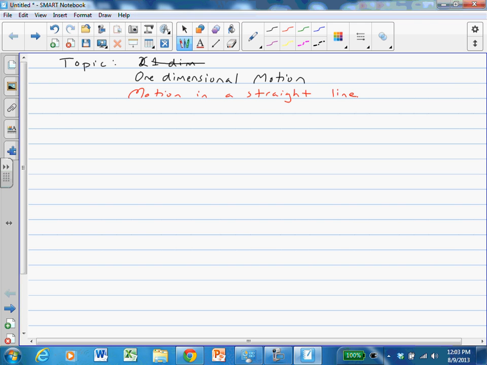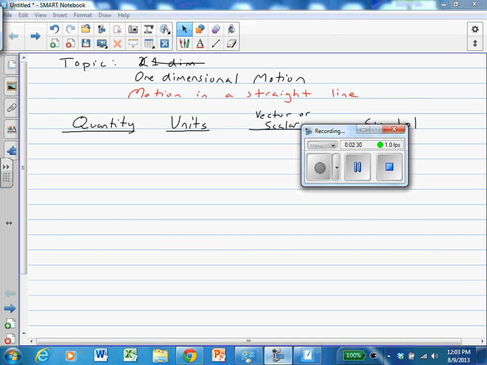We'll list first the quantity, then the units, whether it is a vector or a scalar, and what its symbol is.